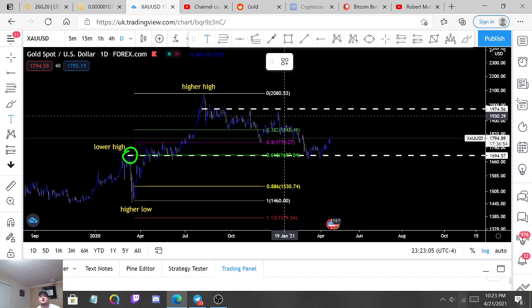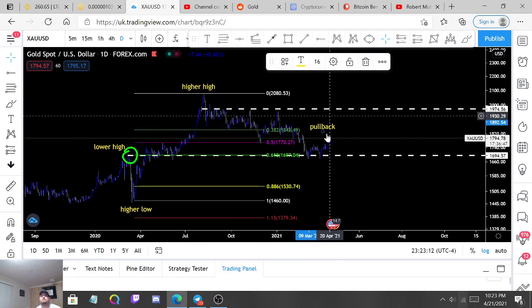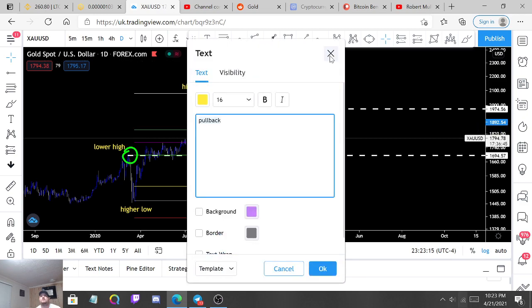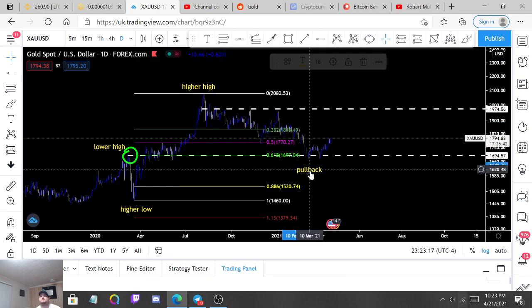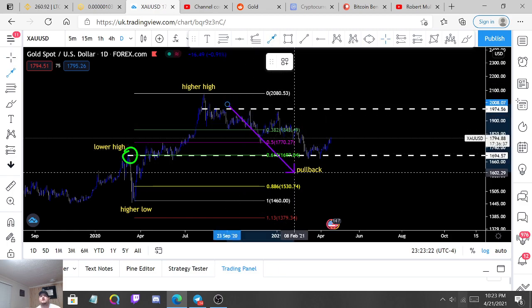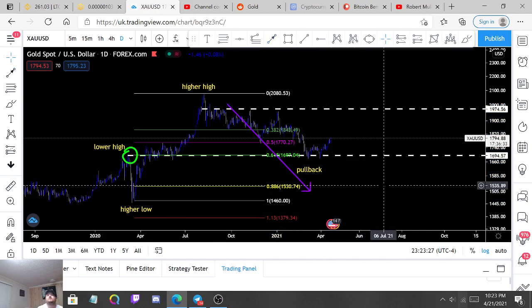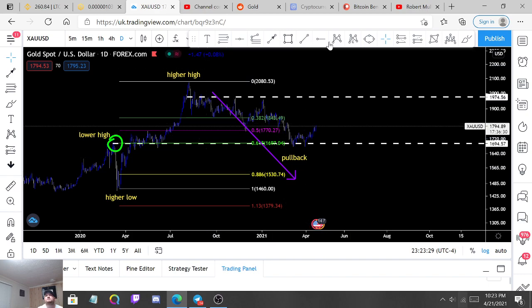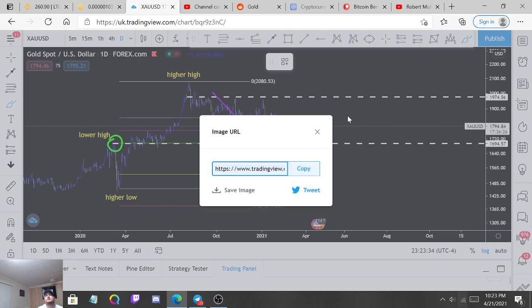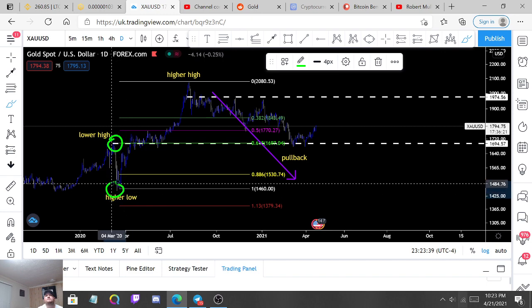So all this was a pullback. All this, even if we pulled all the way back to here, it's just as long as we didn't break the higher low.